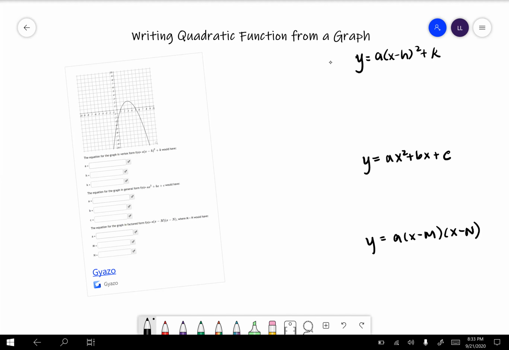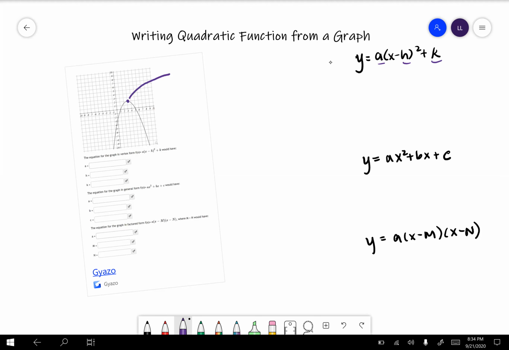So first things first, let's look at vertex form. Remember, we are going to look for A. We need A, H, and K in order to write vertex form. To find A, you go ahead and identify the vertex.